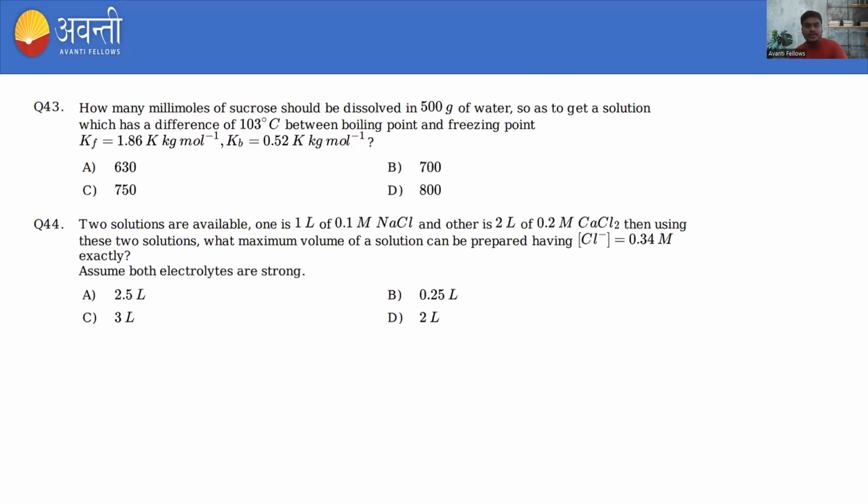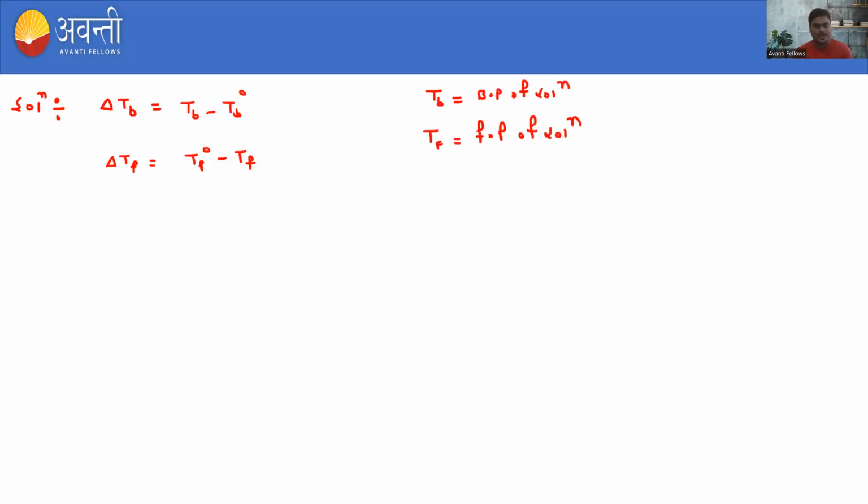According to the question, the solution has a difference of 103 degrees Celsius between the boiling point and the freezing point. This statement is already given, so we can write it according to the question.